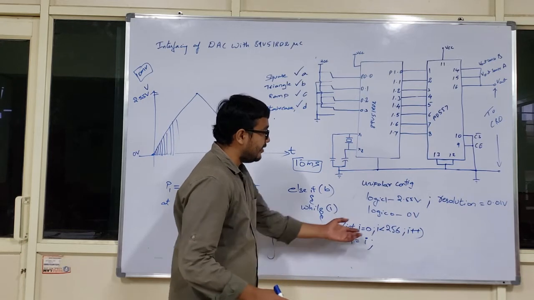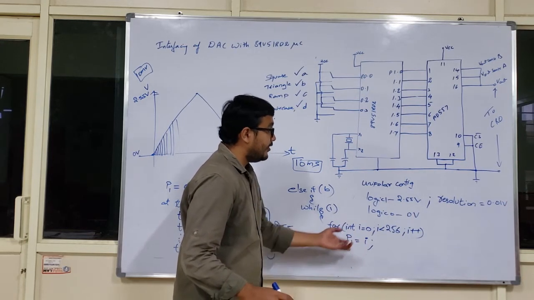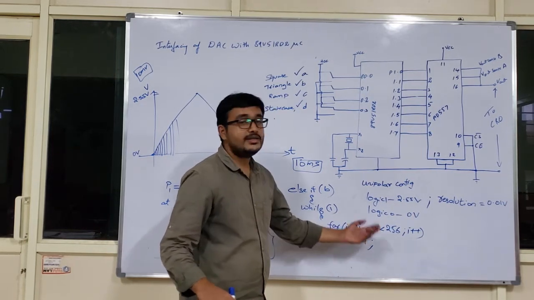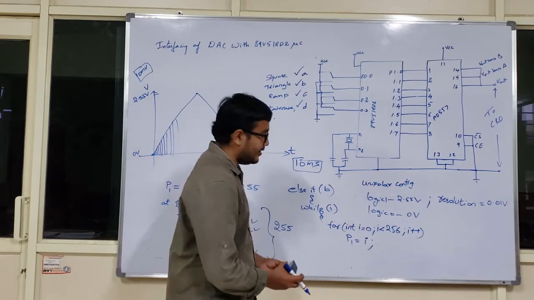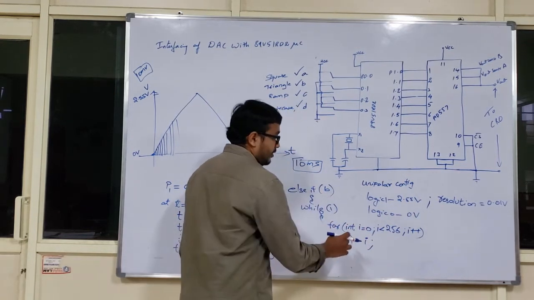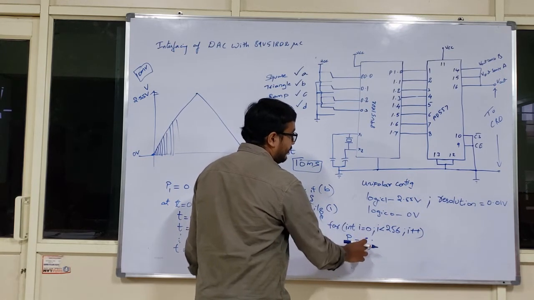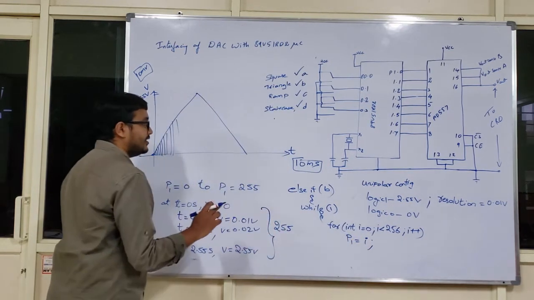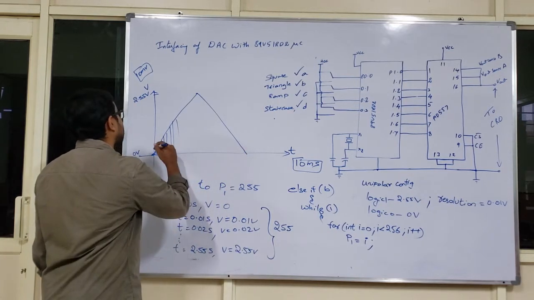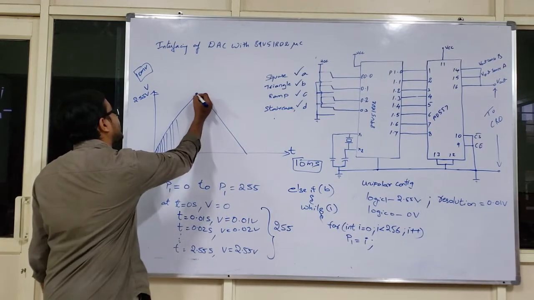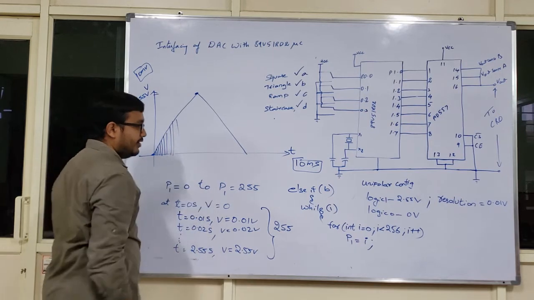For how many times is the i value extracted into P1? For 255 iterations, the i value is getting extracted into P1. So at i equal to 255, the value of P1 is 255, which is nothing but FFH in hexadecimal format. So from here to here, P1 got its highest logic 1 value.